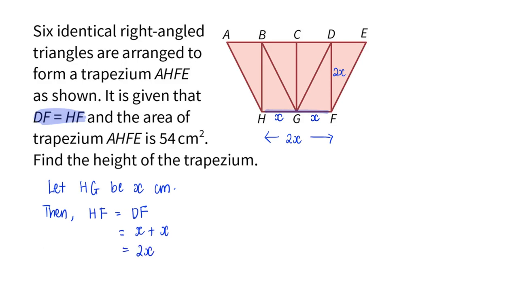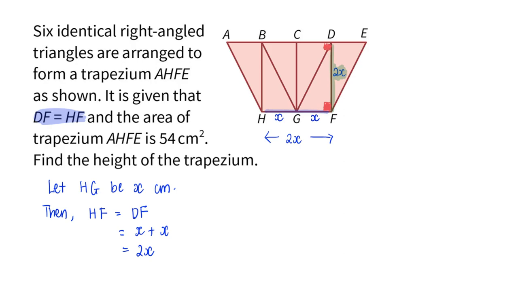And this is important because we would then have the area of trapezium AHEF as 54 cm squared. We need to find the height of this trapezium. So essentially, we are actually trying to find this 2x, DF, because this is 90 degrees to the parallel sides.